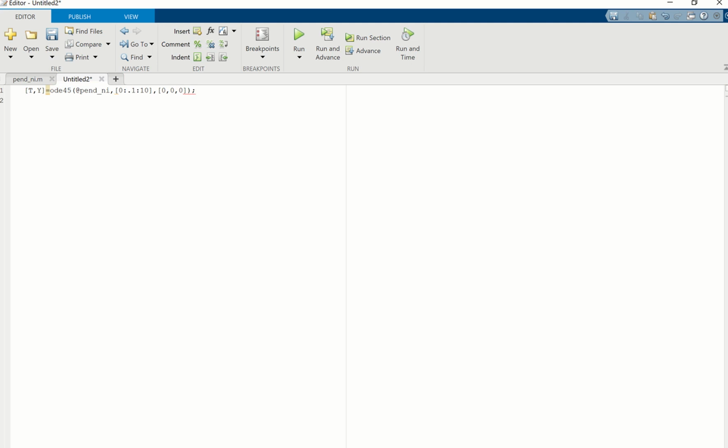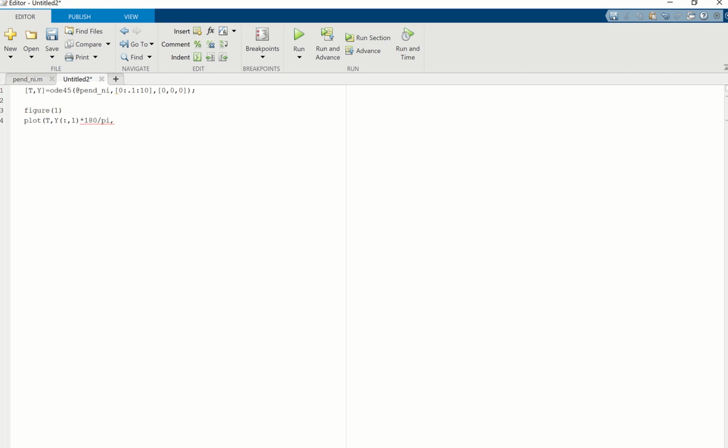Here we go. So I'm going to say figure 1, plot all time and y, the first element, and multiply by 180 over pi because it's radian.